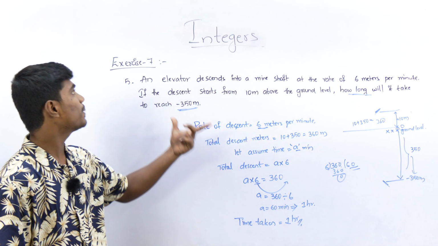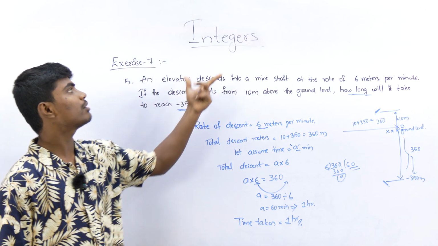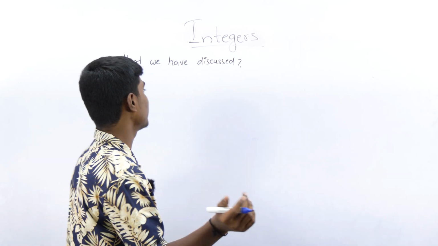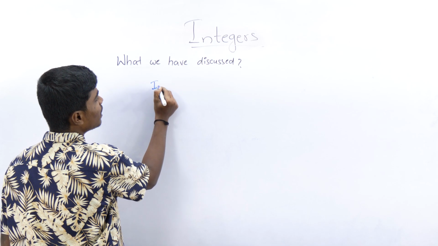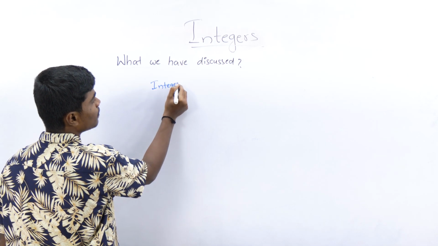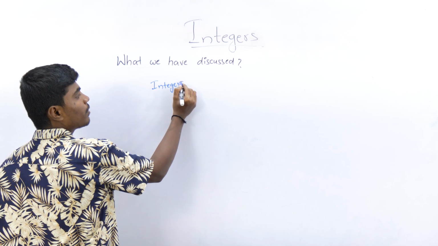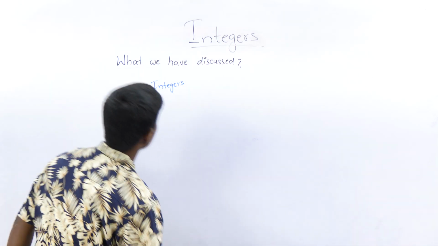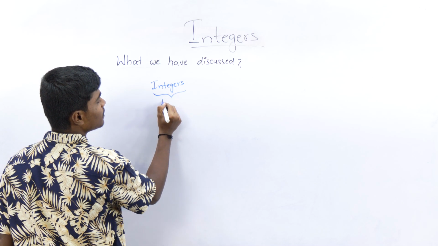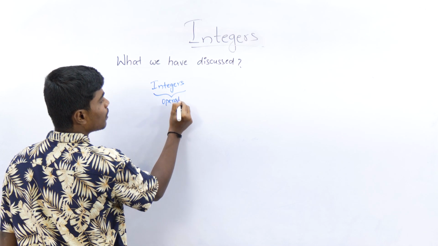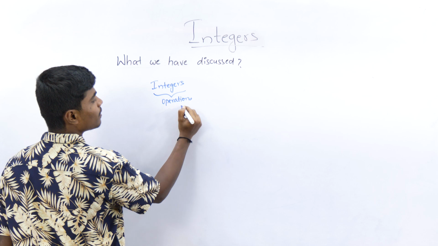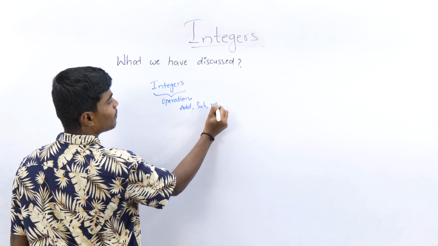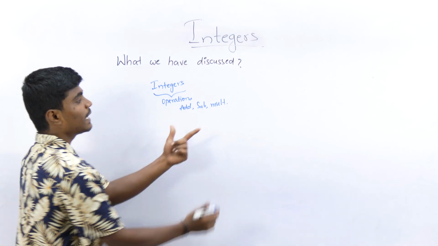By this we have completed our exercise 7 and our chapter integers. In our chapter integers, what we have discussed? See, first we have discussed what are integers, and we have performed the operations on integers like addition, subtraction, multiplication, division.